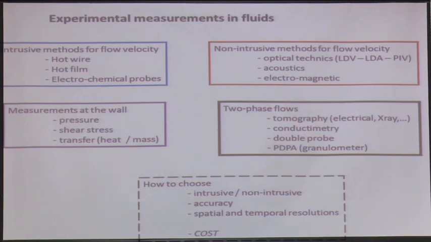So this is the main disadvantage of intrusive methods for flow velocity. I'm going to talk about the hot wire and hot film, but there are other techniques like electrochemical probes. But for these techniques, you need to insert an object inside the flow.